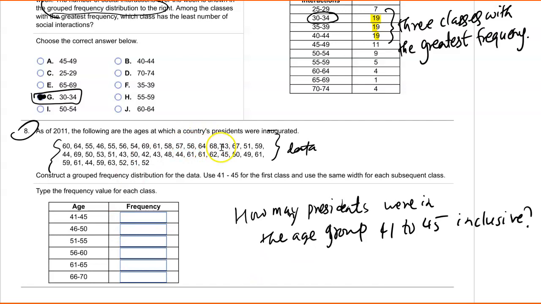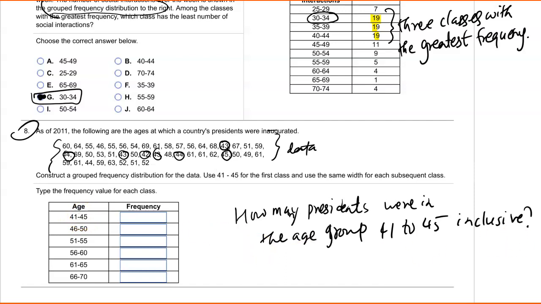Let's see, 43 here, 1, 44, 2, 43, 3, 42, 43, 44, 45. Notice that 45 must be included as well because it's inclusive.